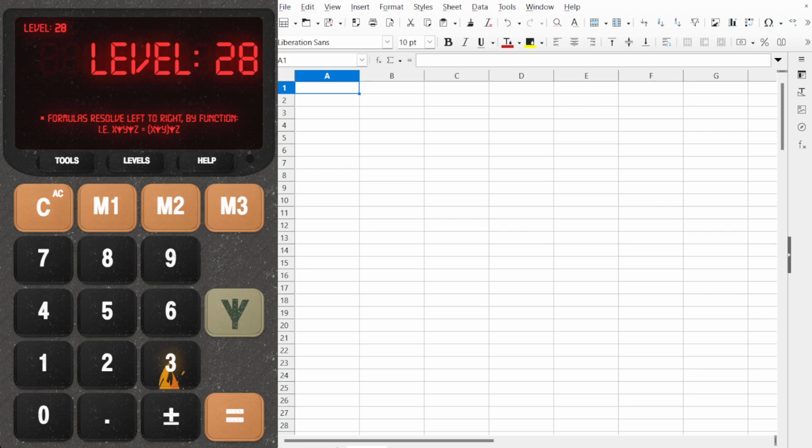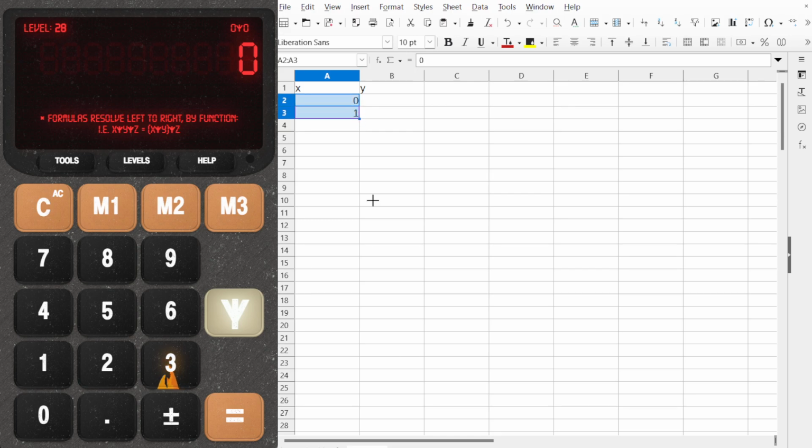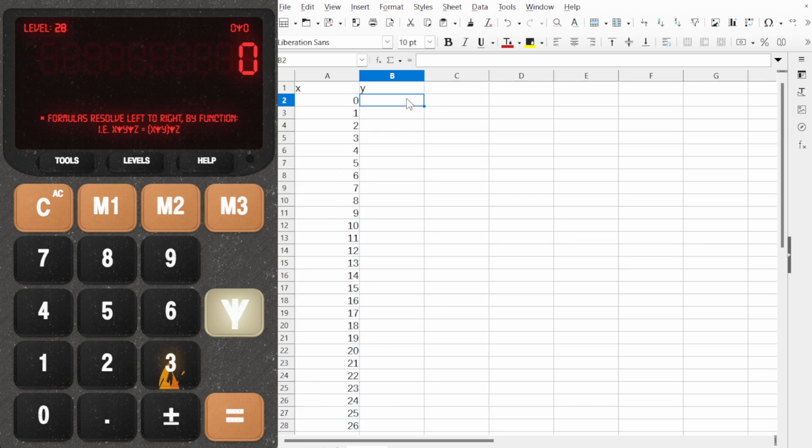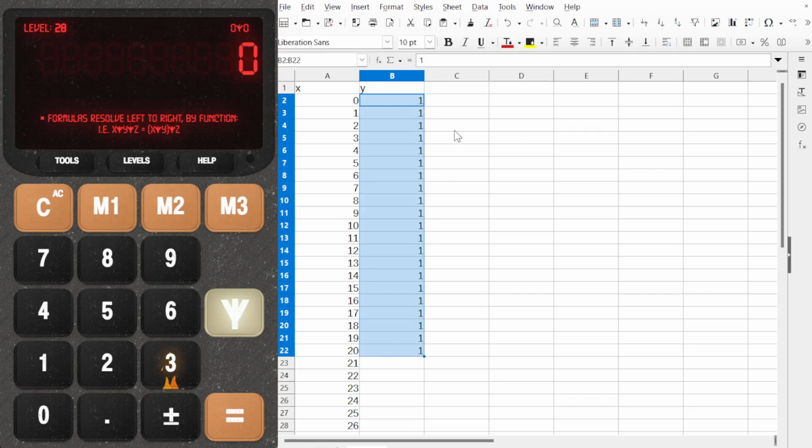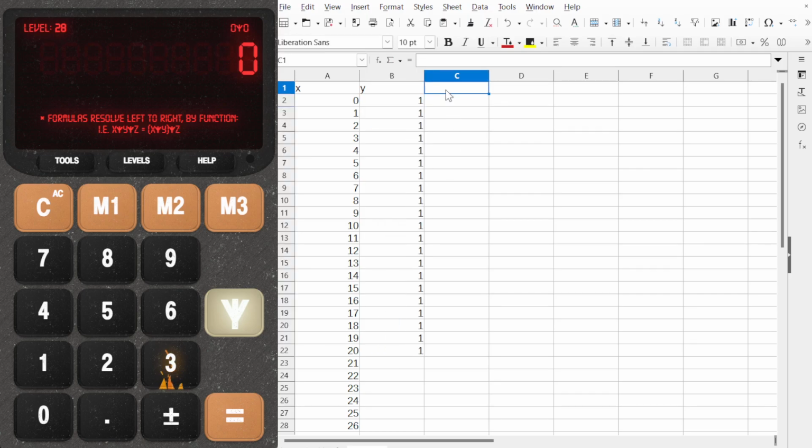It's been a while. Okay, let's check out 0, 0. Okay, that's a good start. X, Y, 0, 1. Let's expand this. Let's go for 1, 1. Let's expand this. Let's go for X, Y, 1, 1.